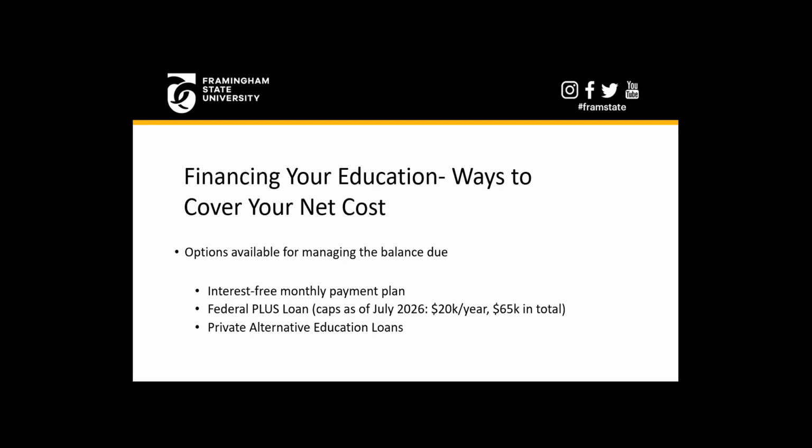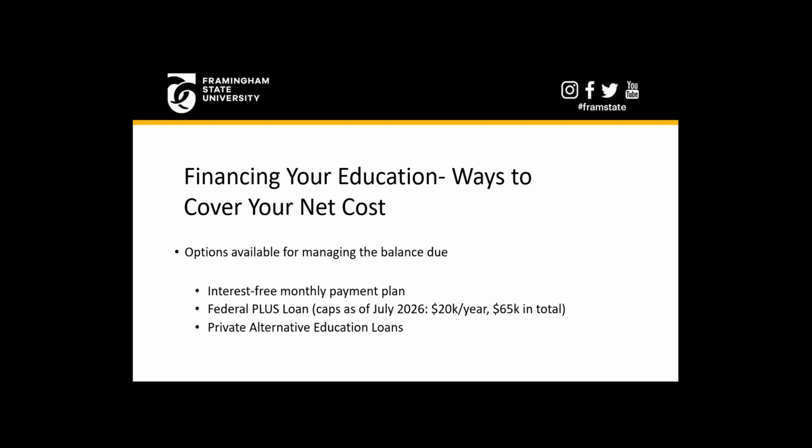If you can't afford to put the entire balance on that payment plan or pay out of pocket another way, there are additional loan options that families can consider. There's a Parent PLUS loan option for parents of dependent students, as well as different private alternative loans in which the student is usually the primary borrower and the parent would require a creditworthy co-borrower.